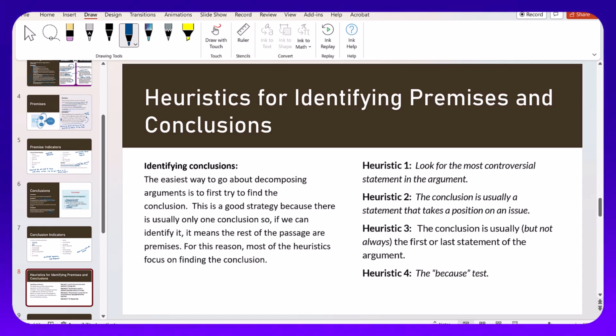So the first is look for the most controversial statement in an argument. The conclusion usually is going to be the most controversial statement in the argument. Arguments move from assertions or premises that whoever's listening agrees with, then show them how these assertions apply to something that the audience might not have previously agreed with. That's part of the point of the argument.